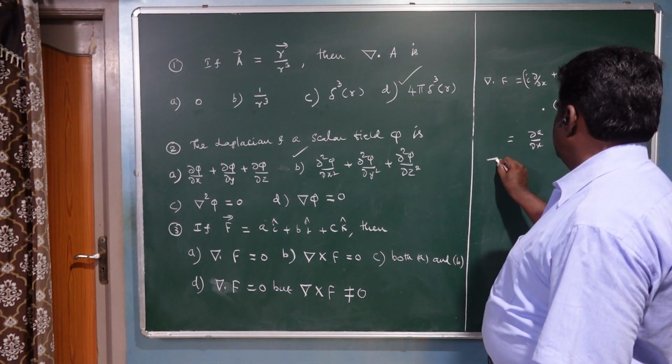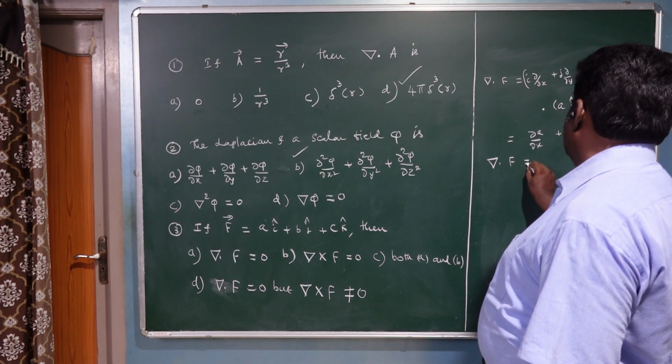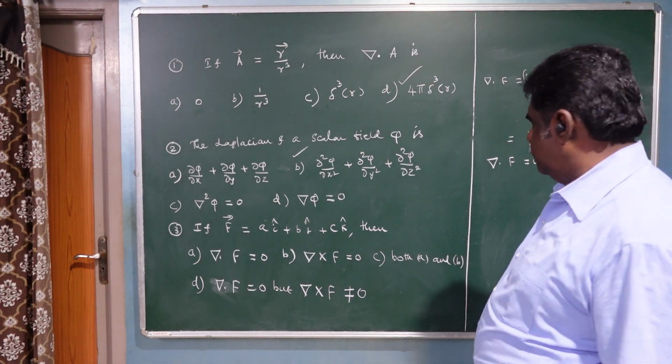So del dot f is equal to 0. This is our solenoidal condition.